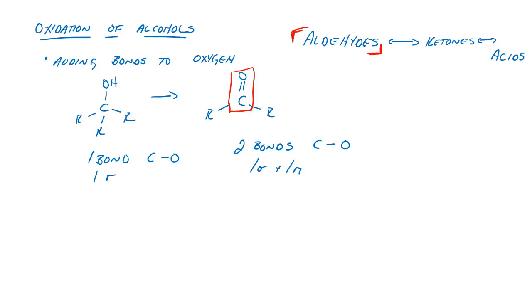But really what we want to say is aldehydes and carboxylic acids, we're going to have to really pay attention to those. Ketones are going to be pretty easy to make, and I'll talk about why in just a minute. Ketones are going to be the easiest ones to make, and then aldehydes and carboxylic acids we're going to have to pay a little bit more attention to, specifically with the reaction conditions.